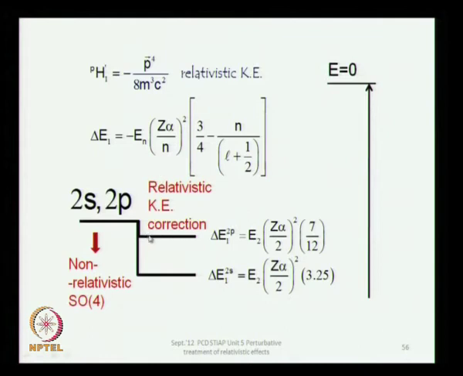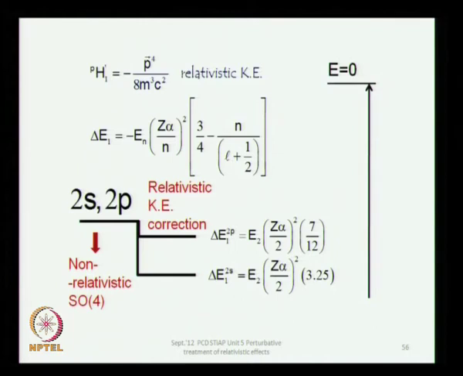Both would be more negative than the original value. This is the energy increasing axis, and this is E equal to 0 here. The 2s becomes even more negative, because it has the same common factor but a multiplicative factor of 3.25, whereas over here you have a multiplicative factor of 7 over 12. This diagram is of course not to scale, but qualitatively it tells you which one would be deeper.